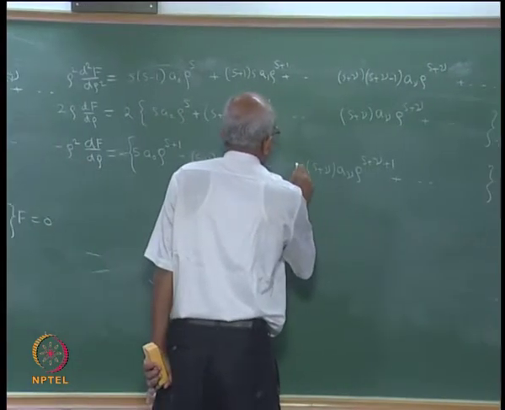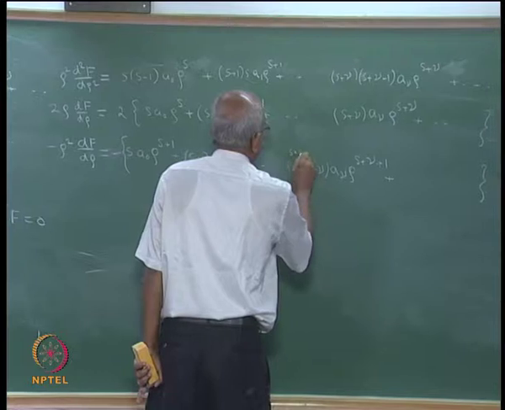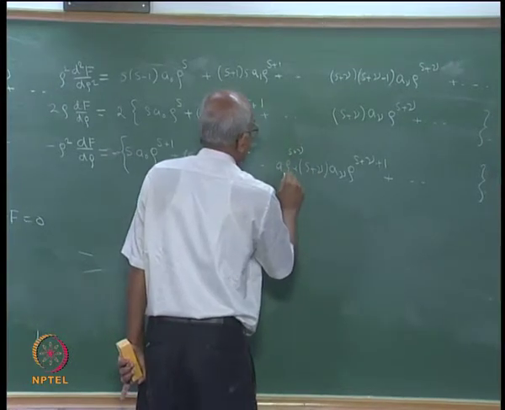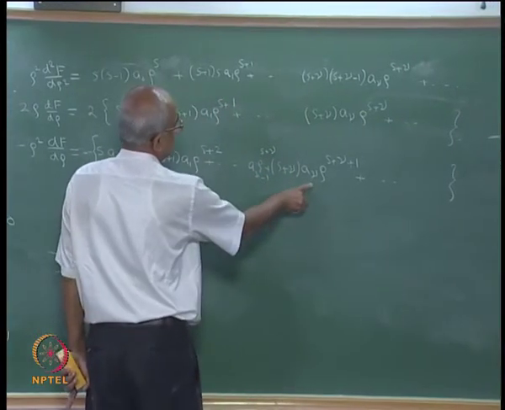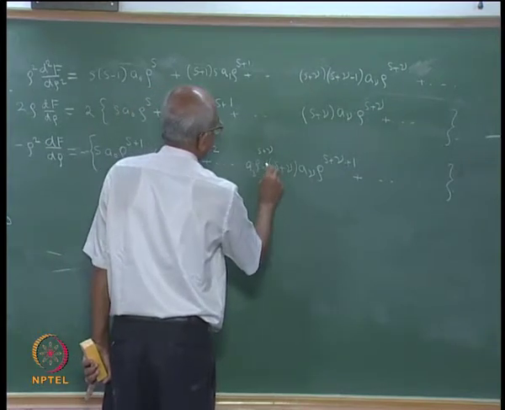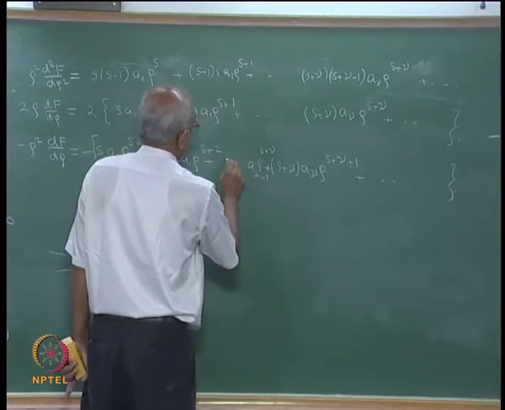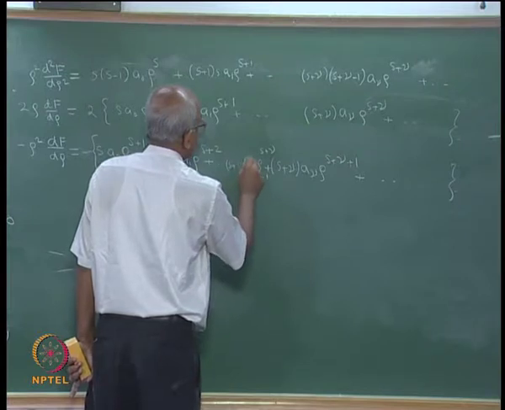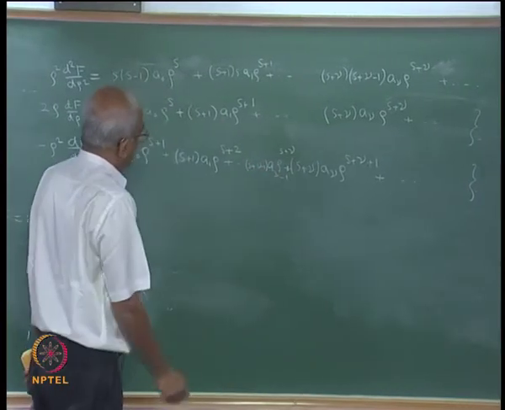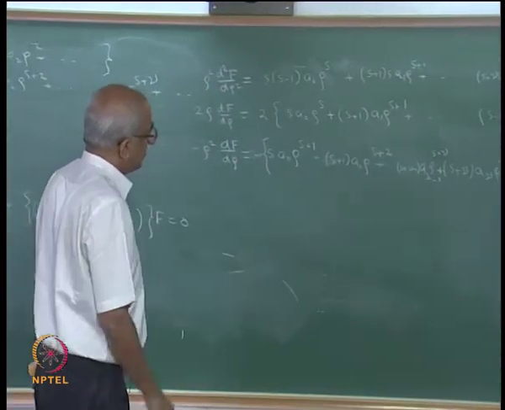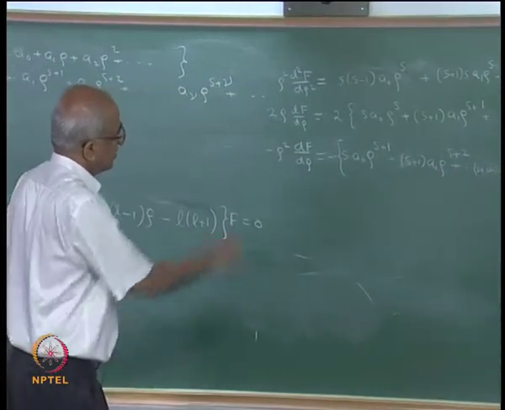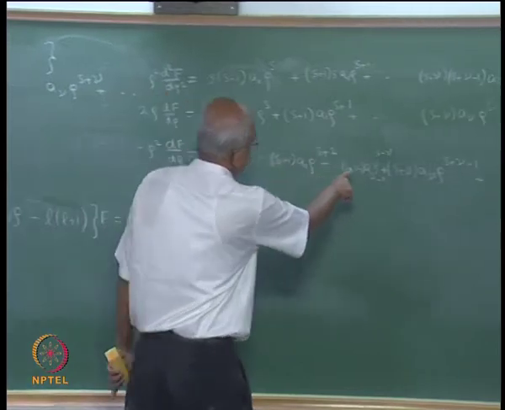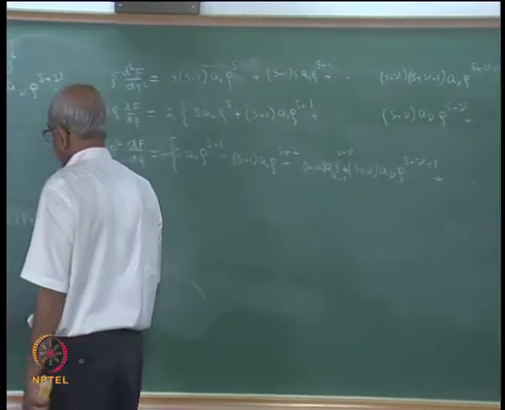So, that term will be a nu minus 1 rho to the power of s plus nu, right, into s plus nu minus 1. I hope it is clear, because I did not have much space there. That is the term that will contain rho to the power of s plus nu.